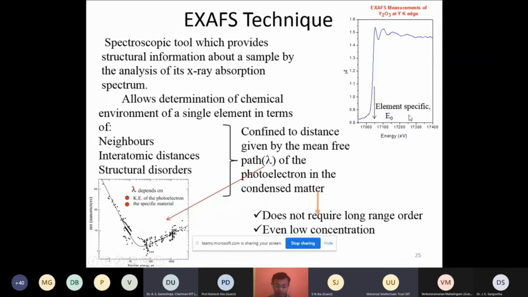That's why when the photoelectron comes out of the system after the threshold energy E0, it can vary from zero kinetic energy up to 1000 eV, and beyond that it decays due to the core lifetime. Therefore it is sensitive to only short range order, it doesn't require long range order, and even low concentration can be detected.